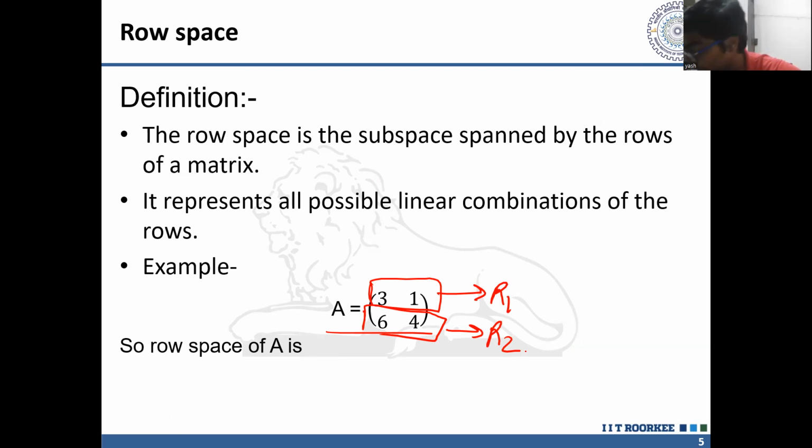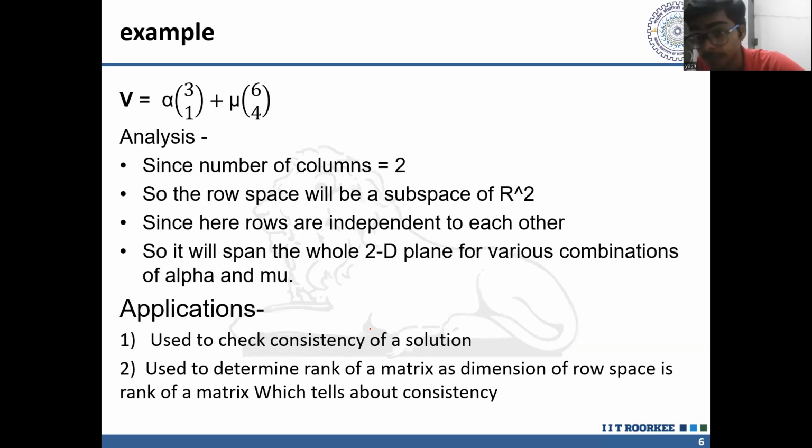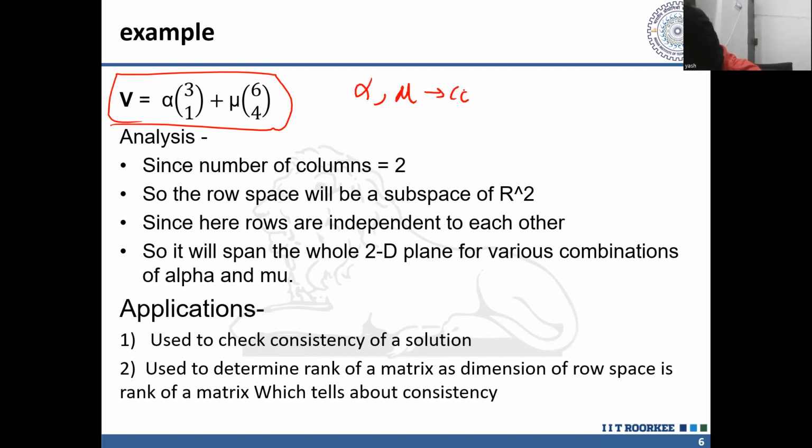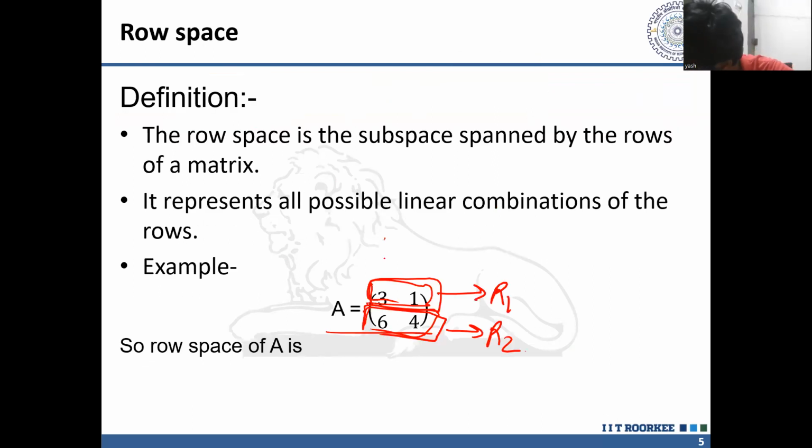Its row space will be all the combinations of these rows, taking each row as a vector. So all its combinations will be the row space of the given matrix. Here I have written the same thing, where alpha and mu are scalar constants.